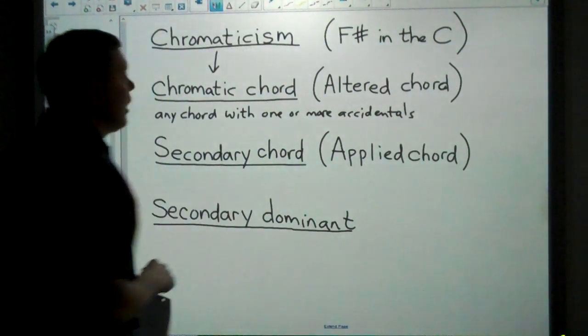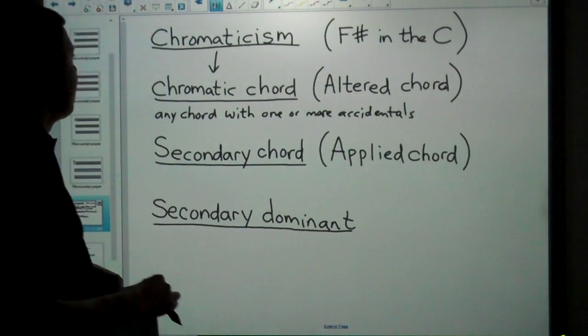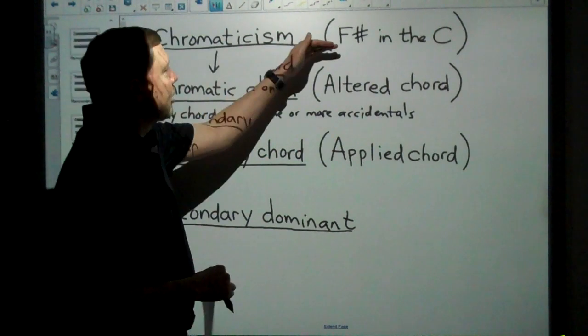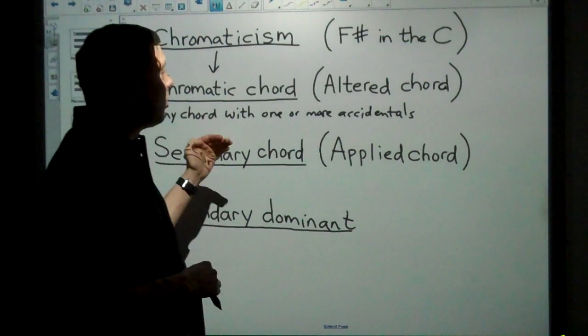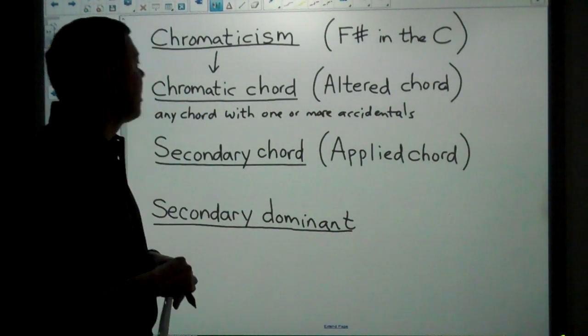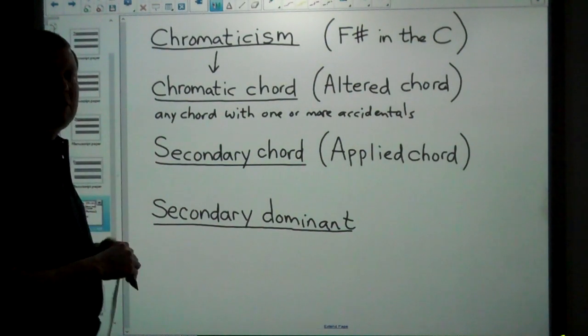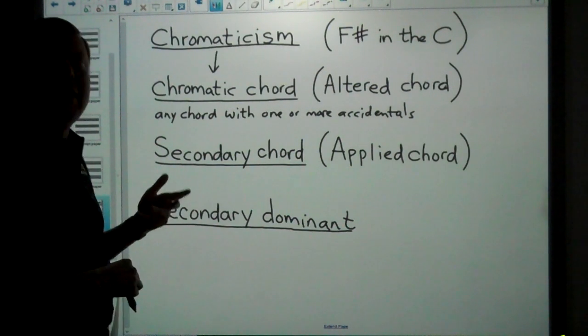In other words, if you have a chord in music that has a chromatic pitch in it, a note that doesn't belong to the key you are in, then we would automatically call that chord a chromatic chord.